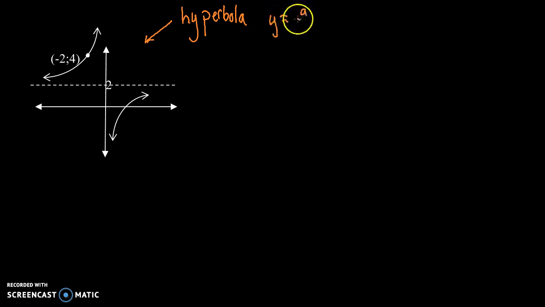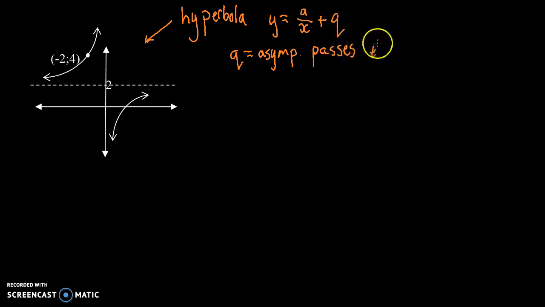Now, the standard form of the equation of the hyperbola is y equals a over x plus q. What is the q value? Well, the q value is the asymptote that passes, let's write that down, through the y-axis.